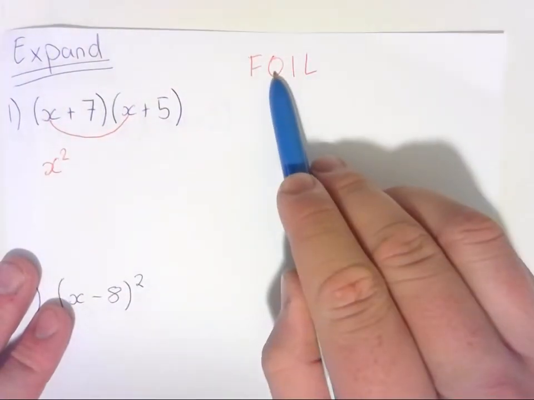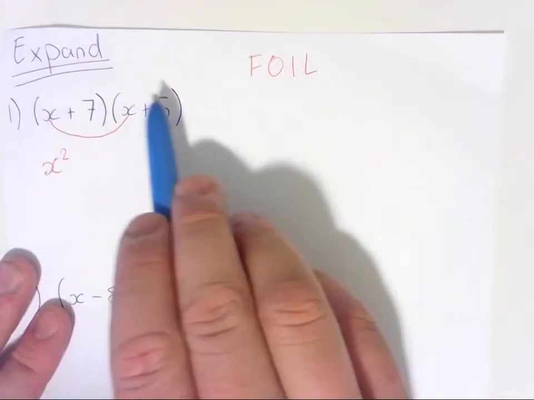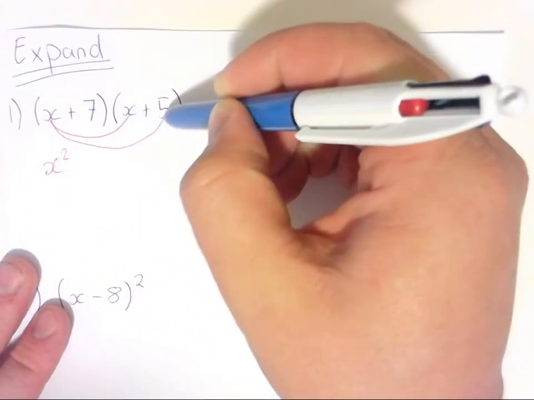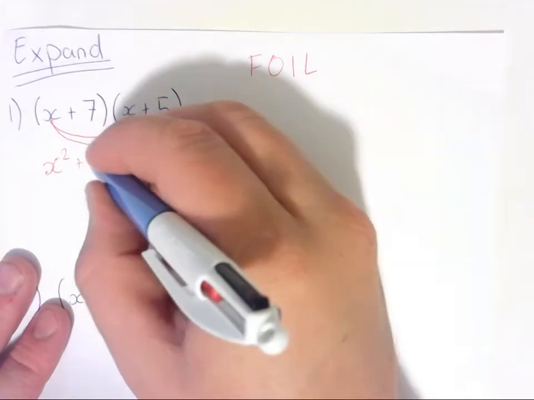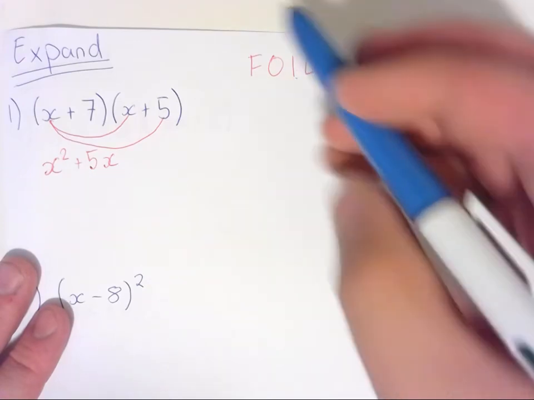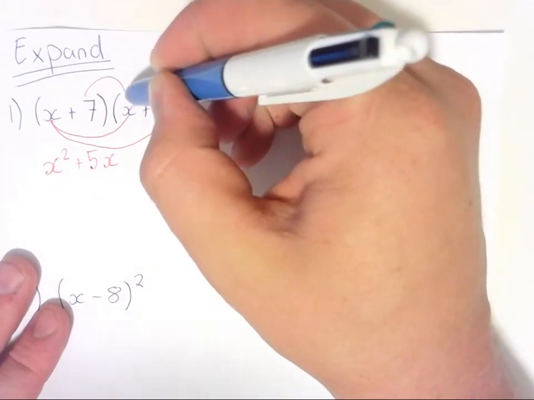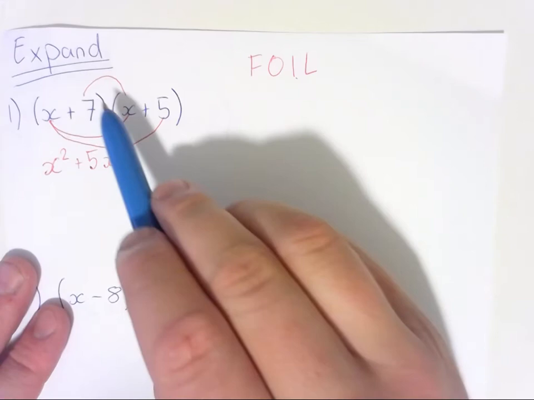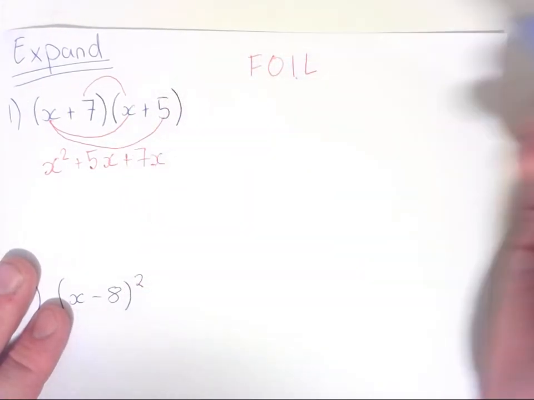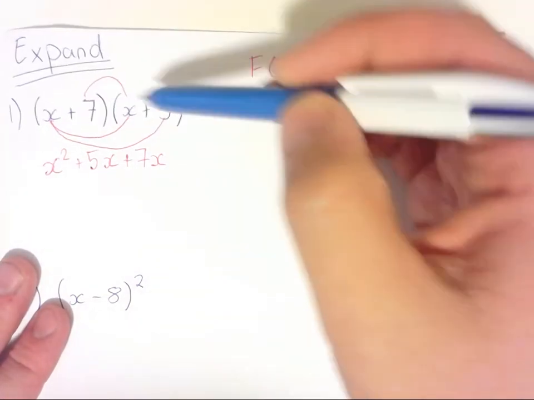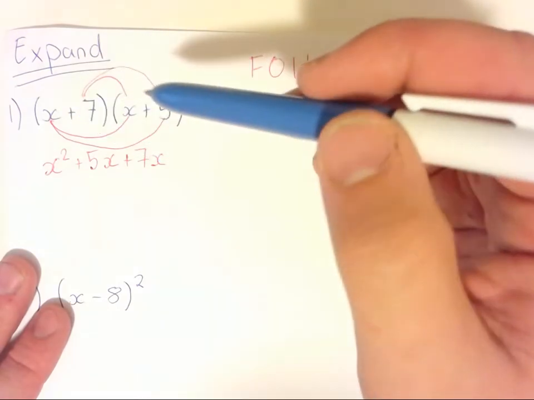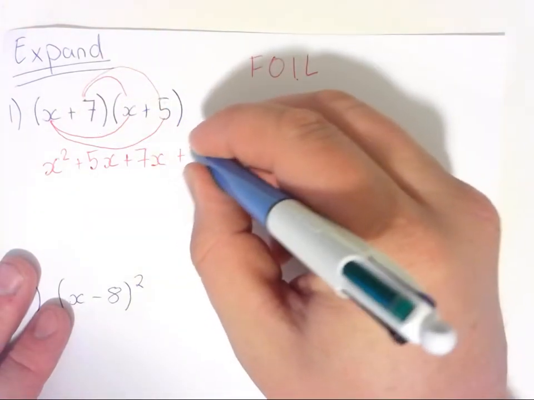And then look at O, outside, the two furthest terms away from each other, and I times those two. x times positive 5, which is going to be plus 5x. I stands for inside. I then do times these two here together. 7 times x is positive 7x. 7 times 5, because they are my last terms in my bracket, is positive 35.